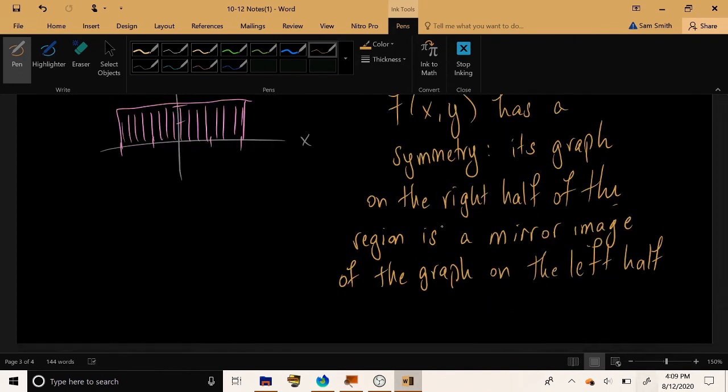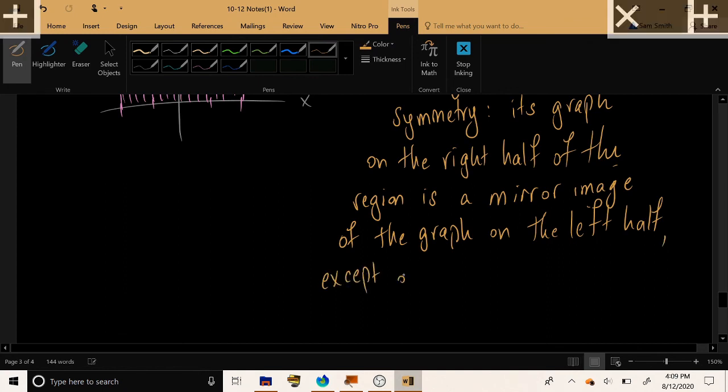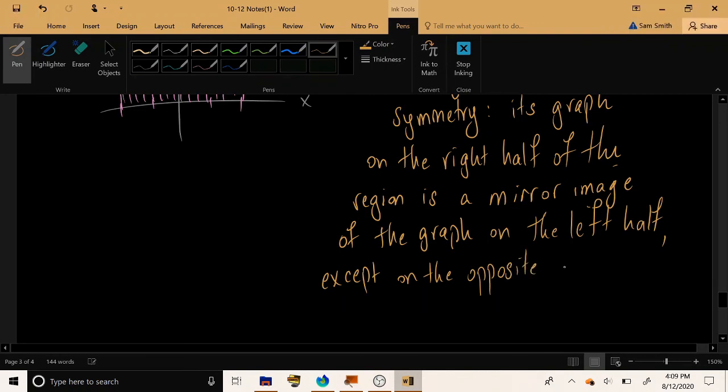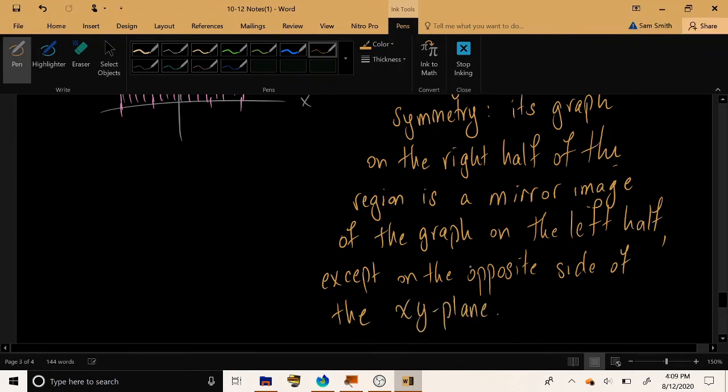Only one of those regions is below the x-axis and one of those regions is above, except on the opposite side of the xy plane.